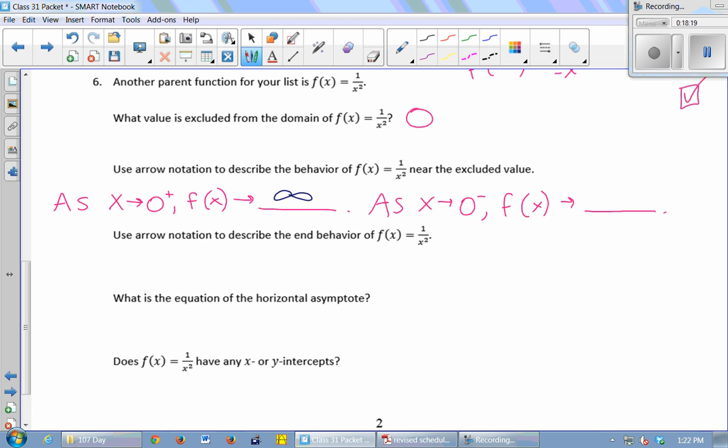And as I approach from the left, because I'm squaring, it's still positive. Even though we're plugging in negative x values, things to the left of 0, I'm going to square them, which makes them positive, so my fraction's still going to blow up.